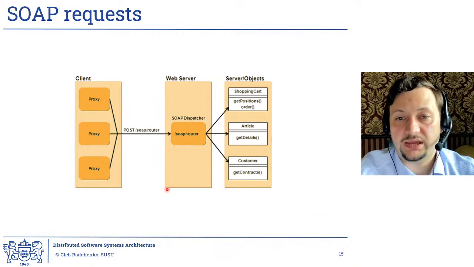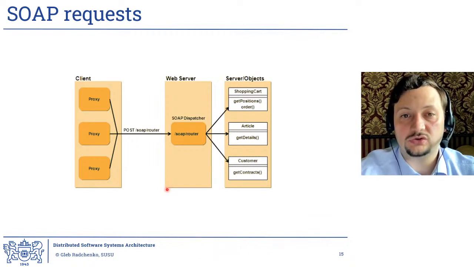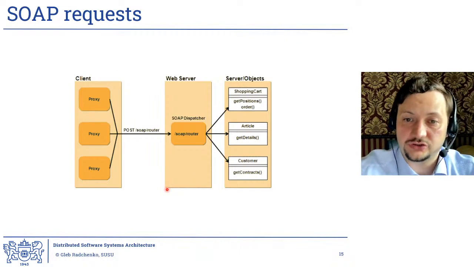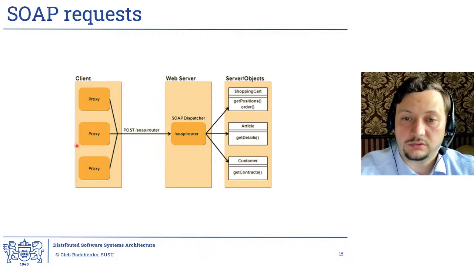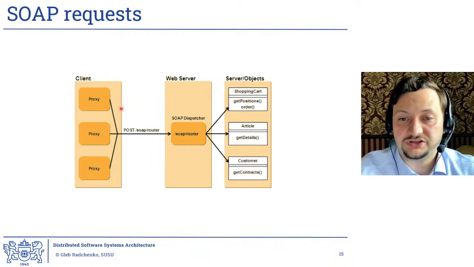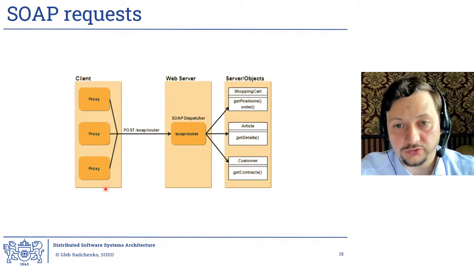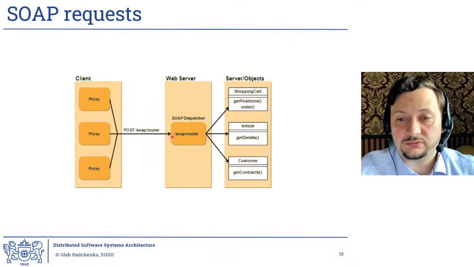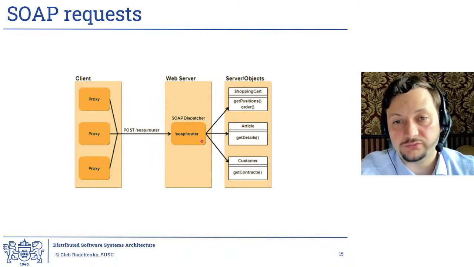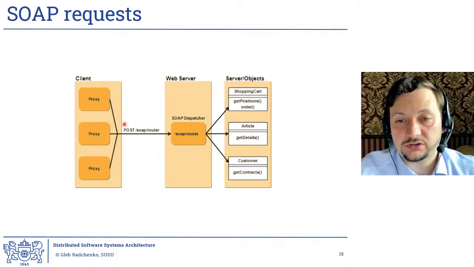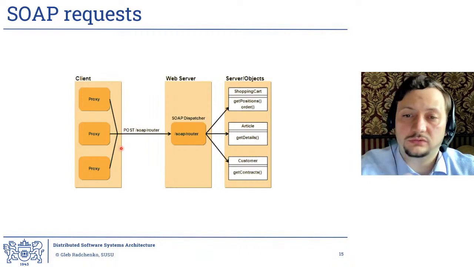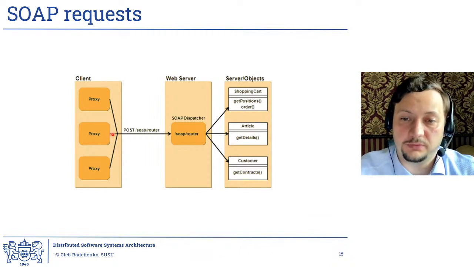If we compare REST with SOAP that we discussed in our previous lecture, a SOAP client creates XML messages using the SOAP protocol and sends them to the remote server on one URL, server/SOAP/router, for example, using only one, maybe two HTTP methods, post and get.